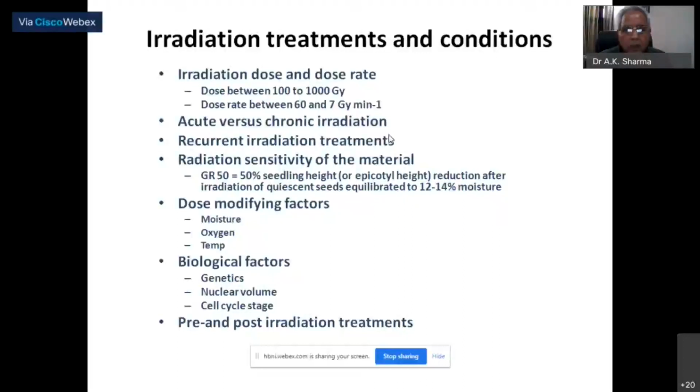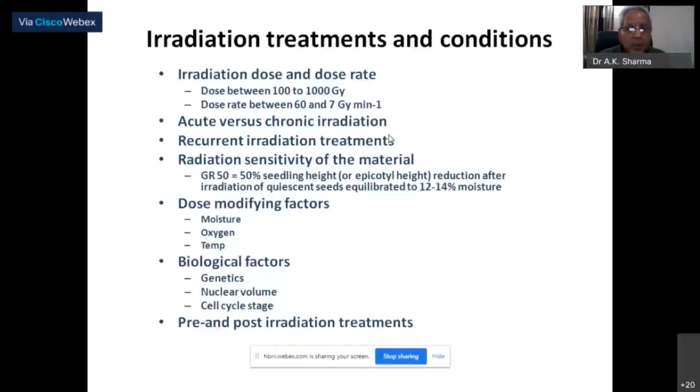So you are ending up with some seeds which may not grow, some seeds which will grow 50% of its original. And this is based on, for example, if we keep 12 to 14% moisture, we may end up with different seedling heights. So radiation sensitivity of the material will vary.